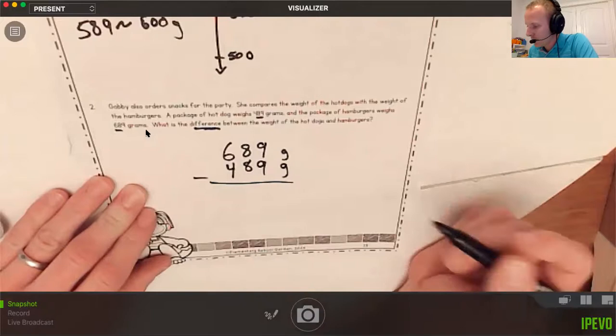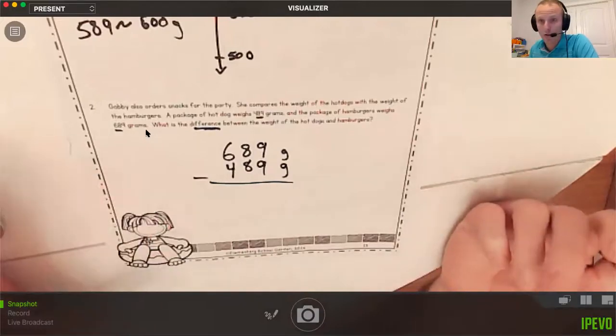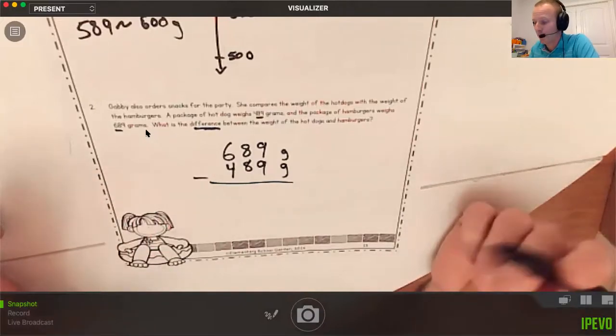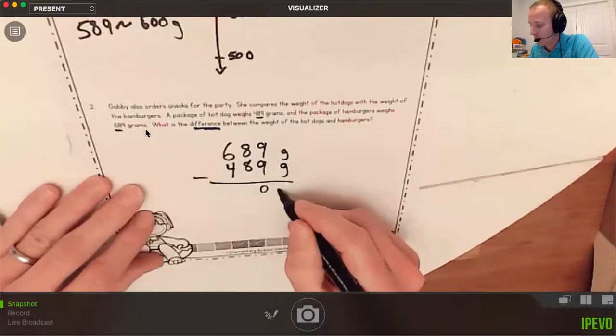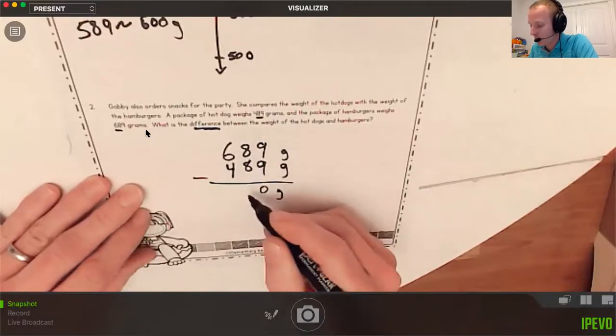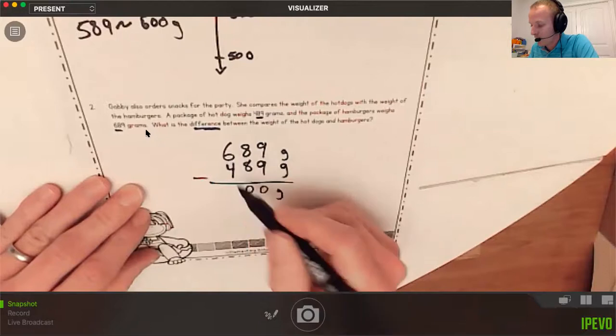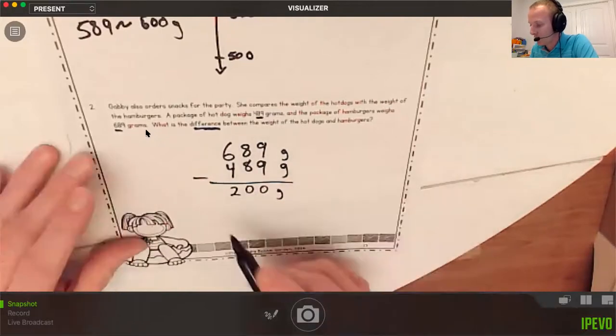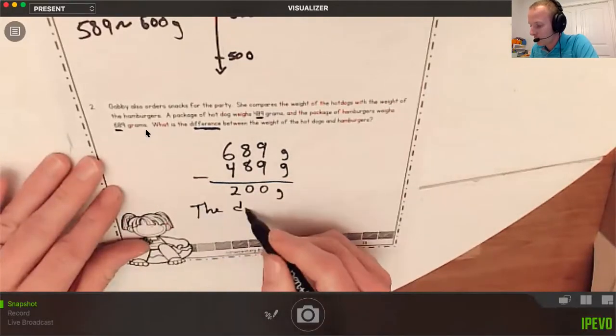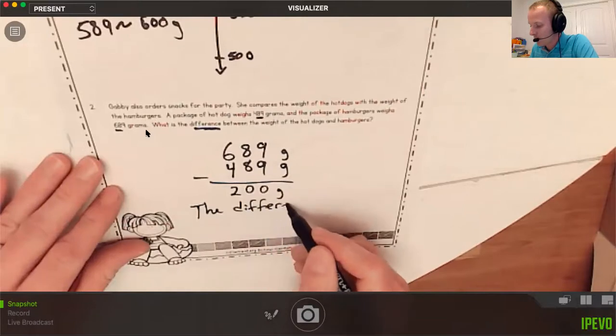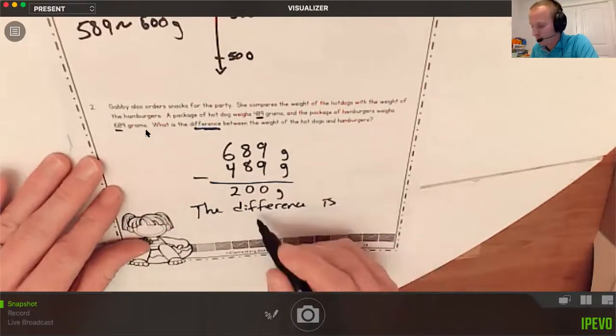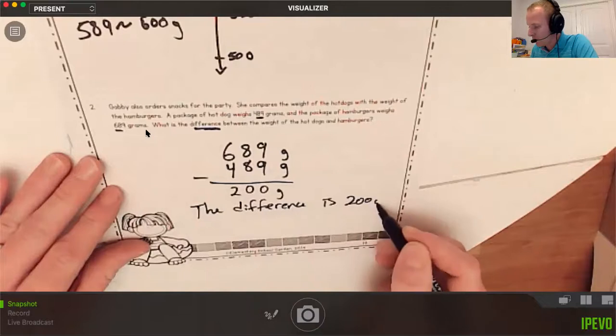This one turns out to be really straightforward and simple because they both end in 89. So 9 minus 9 is 0. 80 minus 80 is 0. And 600 minus 400 is 200. So the difference is 200 grams.